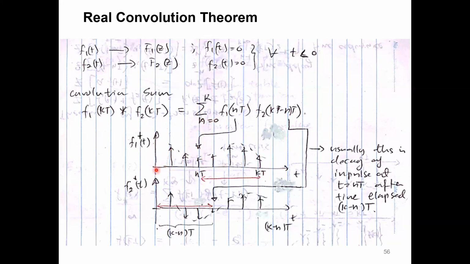The first sample has undergone the longest decay, so f2 of k minus 0 t, meaning the entire kt, total time from 0 to now. The second sample is one short of that, and so on. So add them together, you get your convolution. So it's very important that you know what it is when you hear convolution sum or convolution integral.